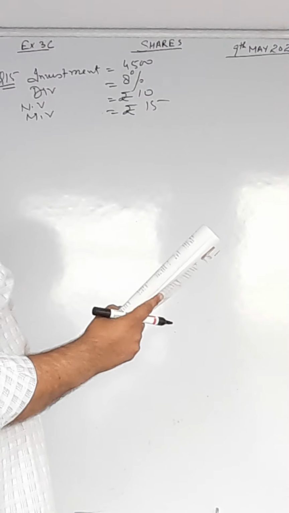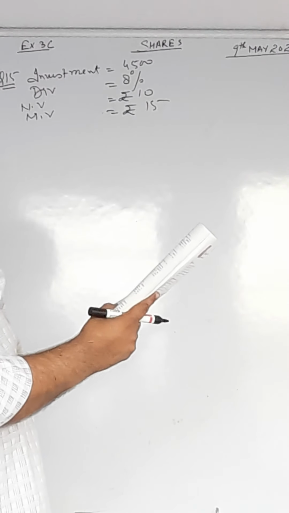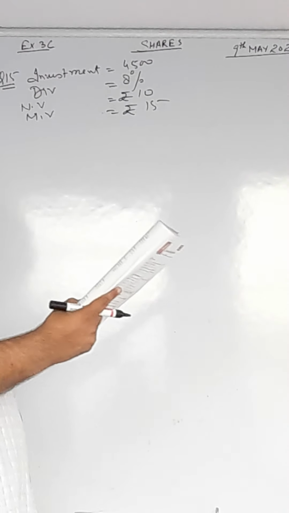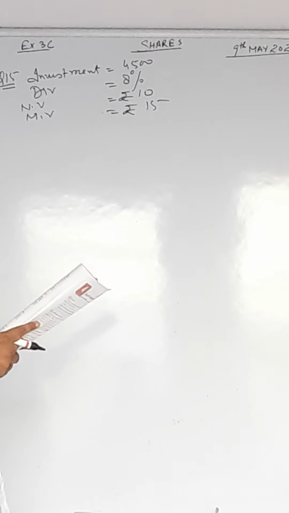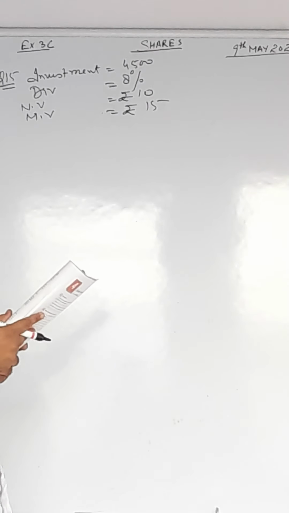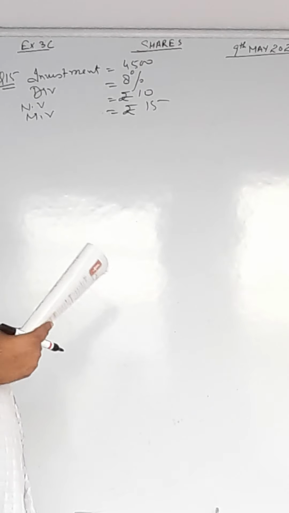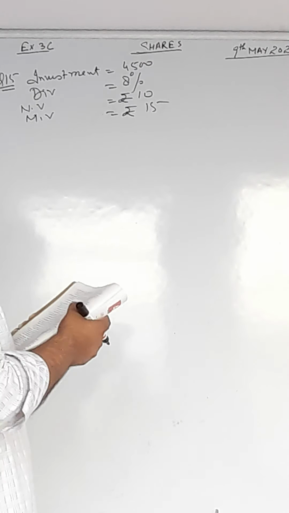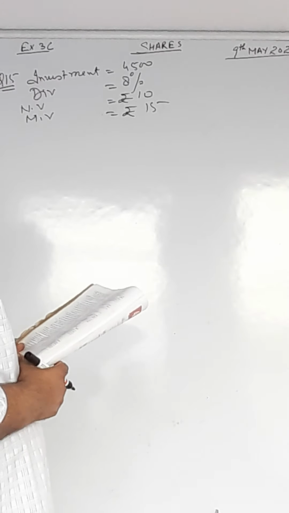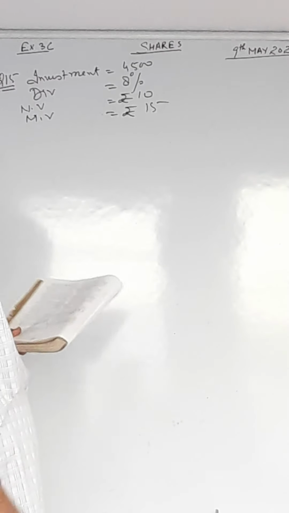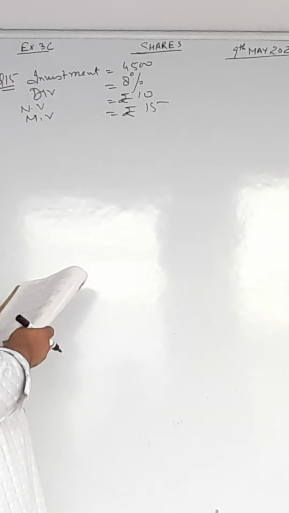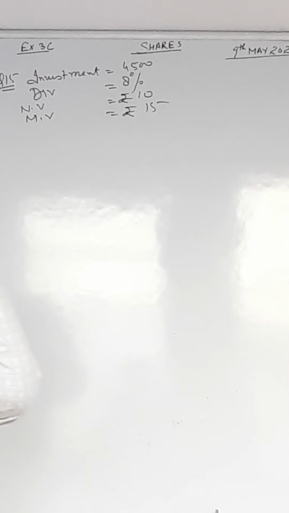He sells the shares when the price rose to 30 and invests the proceeds in 12% shares. First of all, I should know how many shares he had. Read the question carefully once again.